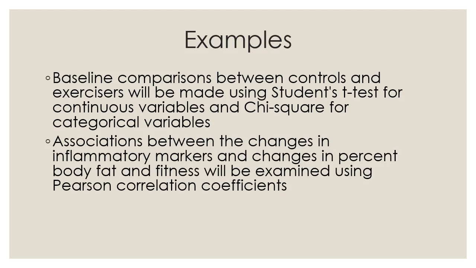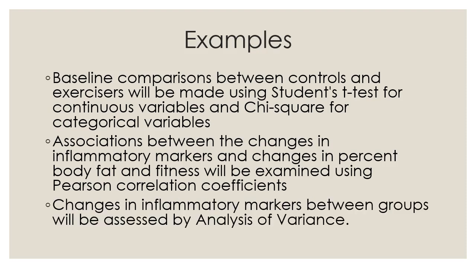Another one could be: associations between the changes in inflammatory markers and changes in percent body fat and fitness will be examined using Pearson correlation coefficients. So this is just so you guys have an example of how you would write this in your grant. And finally, changes in inflammatory markers between groups will be assessed by analysis of variance.